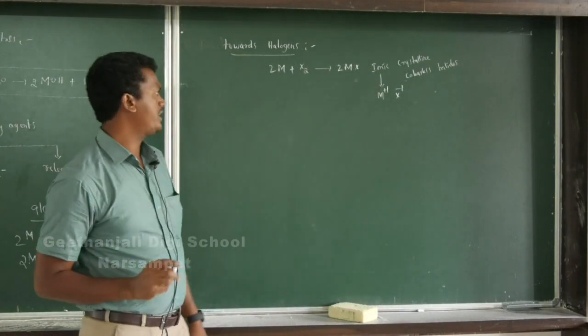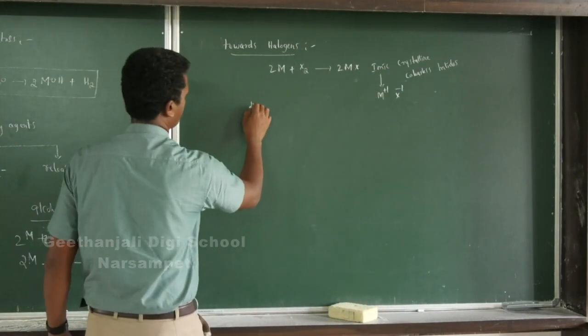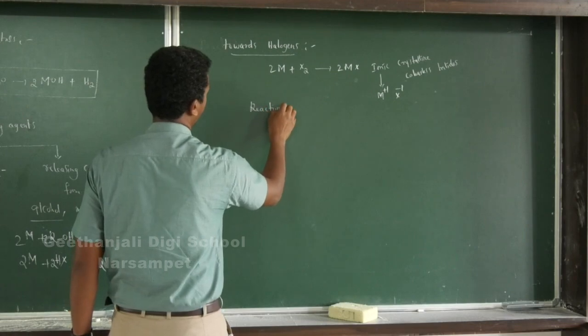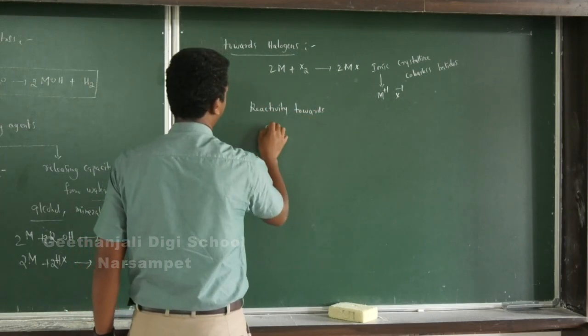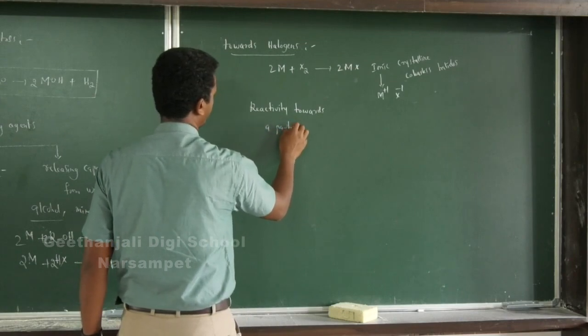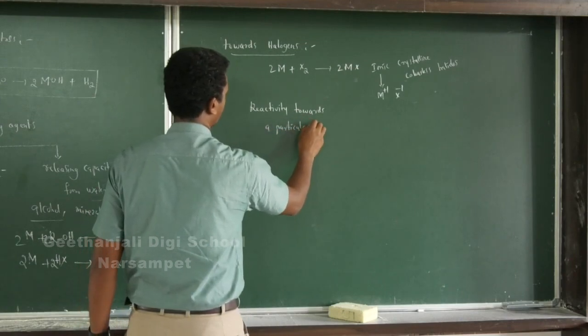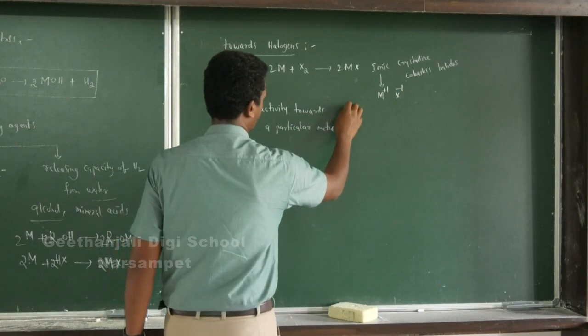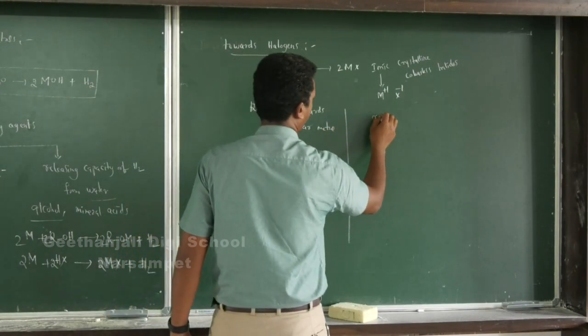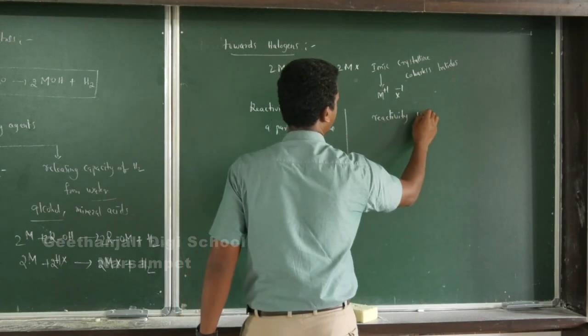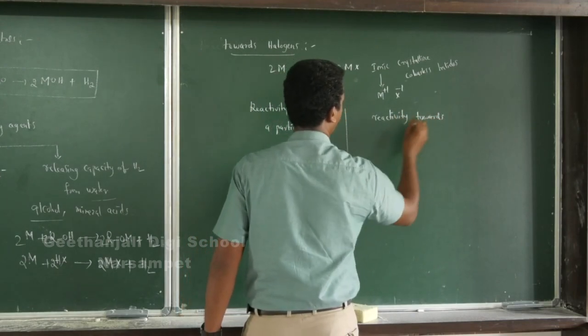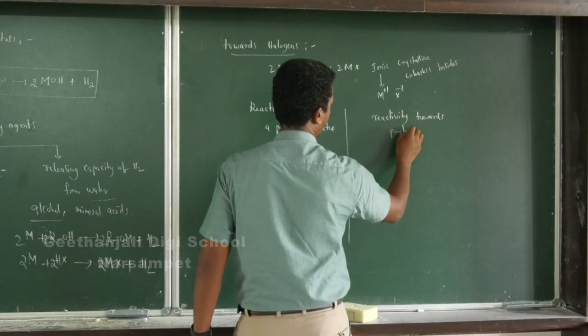We have one small variation, that is reactivity towards a particular metal and reactivity towards a particular halogen.